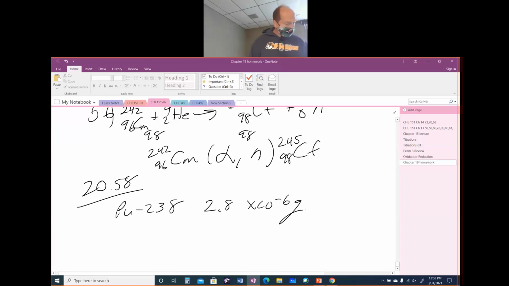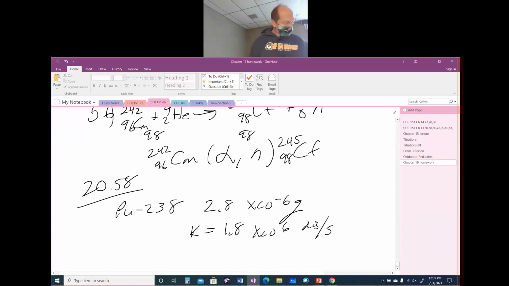The decay rate is 1.8 times 10 to the 6 disintegrations per second. All radioactive decays are first order.